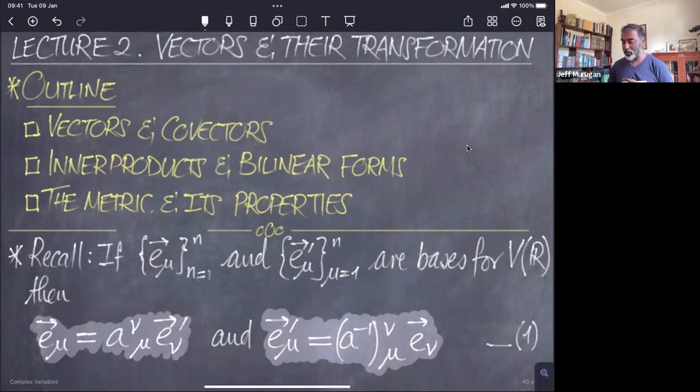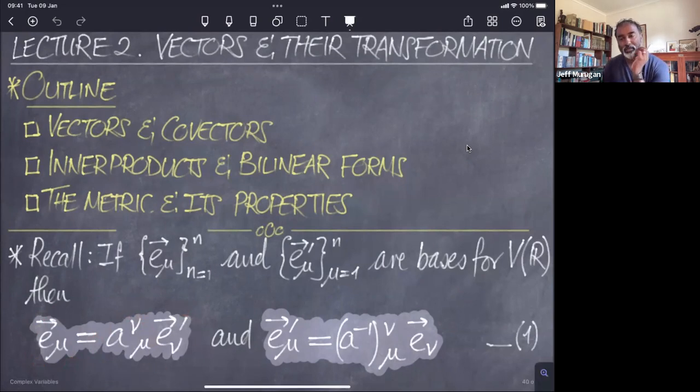So I'm assuming that I'm working in an n-dimensional vector space. If E mu and E mu prime are two different sets of bases for the vector space, then I can expand the one basis in terms of the other. And I'm going to denote this expansion as follows. I'll say that E mu is A nu mu E nu prime.